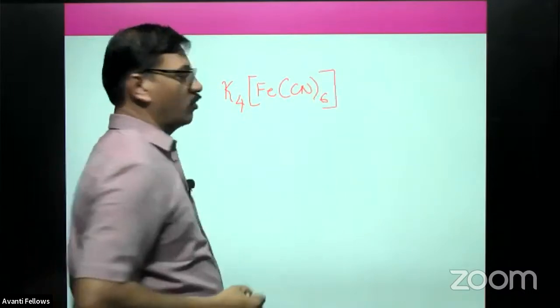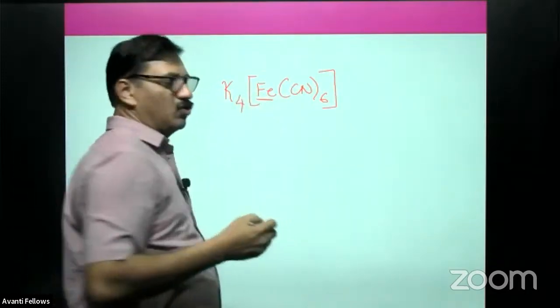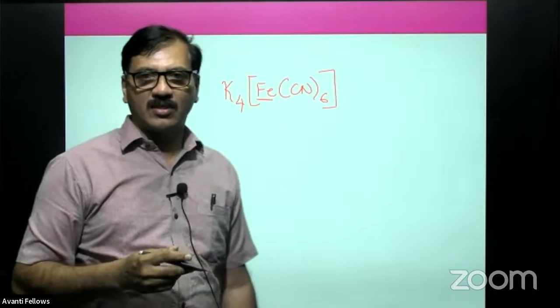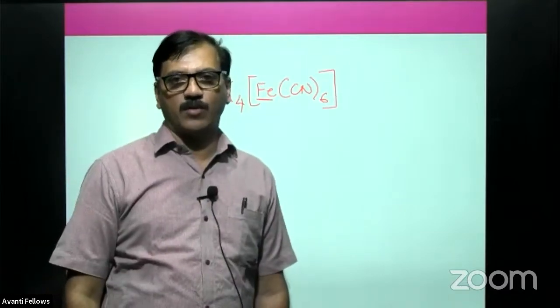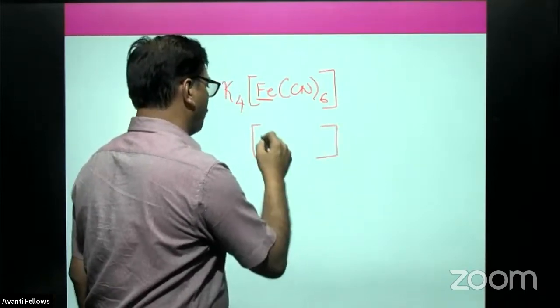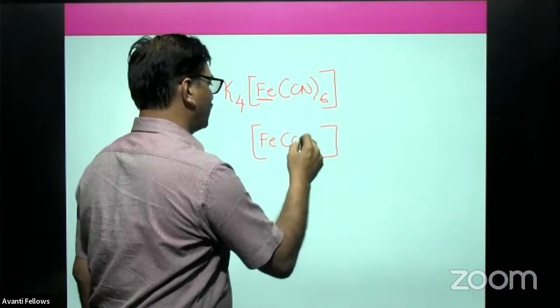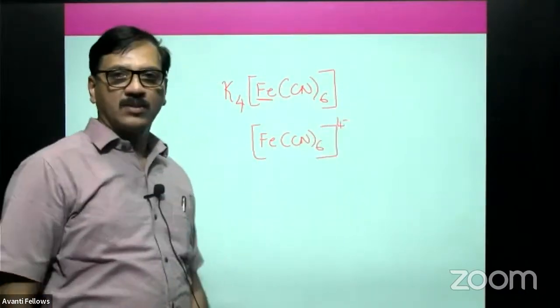This is a complex. Mostly the transition elements form many such complexes. Here [Fe(CN)6]4- is a complex entity.